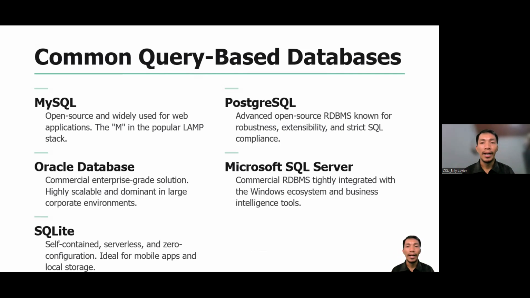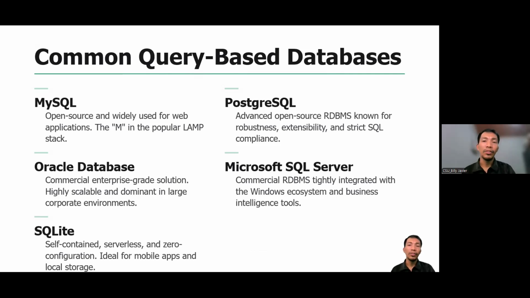SQLite is a lightweight embedded database, perfect for local application storage. There are a lot more query-based databases. For instance, IBM DB2 is also one of the competitors here, MariaDB if you have heard of it, and a lot more databases could actually be used for querying.